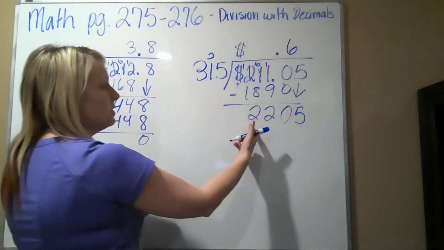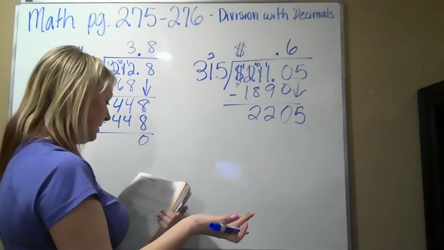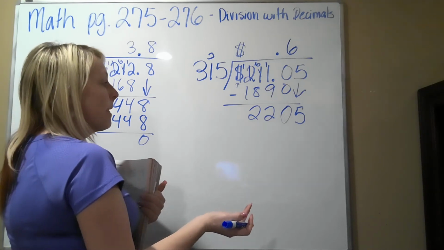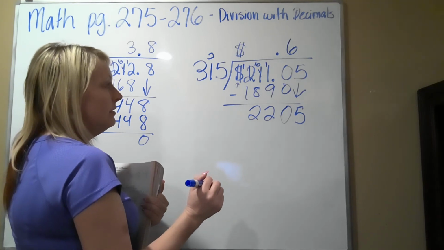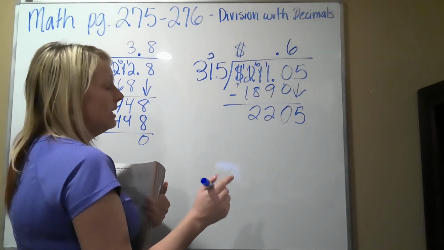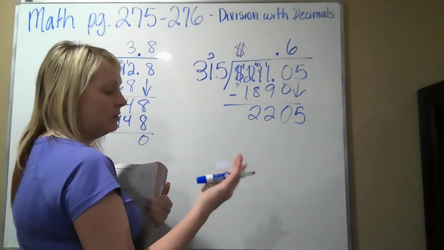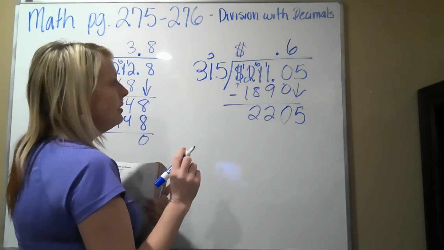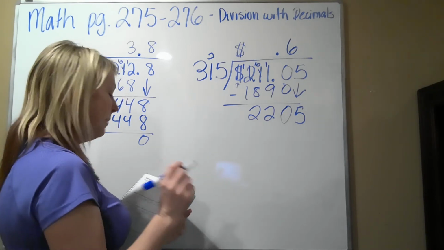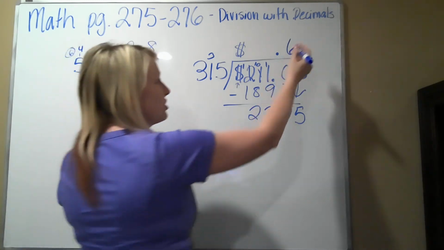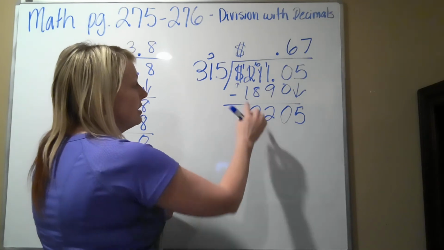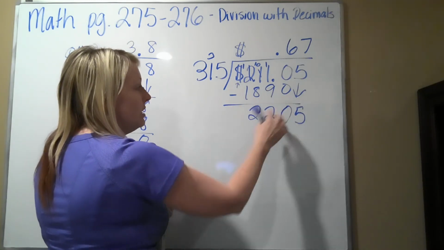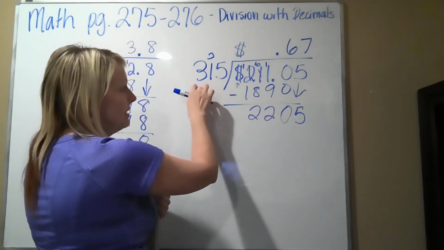Now my 3 goes into 22. How many times? This is going to be a tricky one. I'm going to jump ahead and show you that this actually does go in 7 times. If I did it with 6, I would get this same number here, and when I subtracted, I would get this one more time.